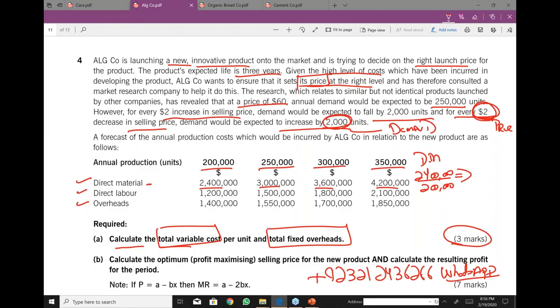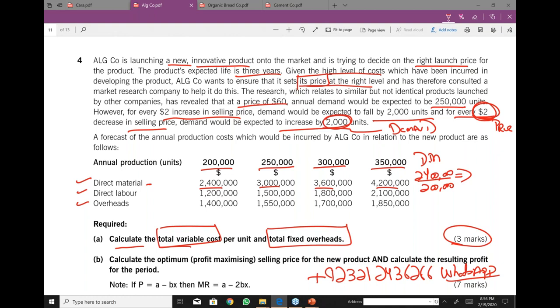Now, please take out your calculators and start doing the workings along with me so that we can quickly find the figures. What do you think your answer will be for the material per unit?